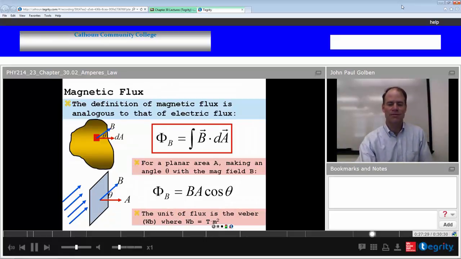The unit of flux is the Tesla meter squared, and it comes up so often in magnetics that we actually have a name for it, and that is the Weber. So the Weber, Wb, is the Tesla meter squared.